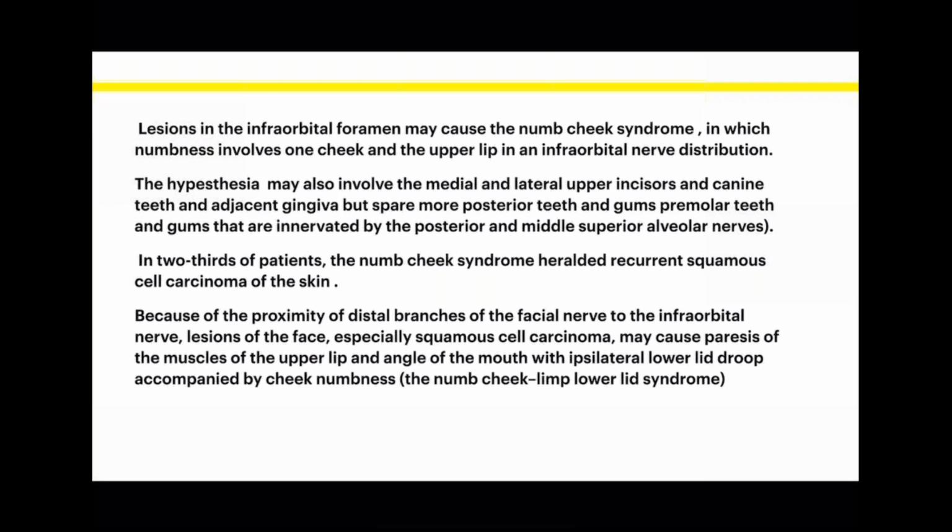They call it the numb cheek limp lower lid syndrome. So if it affects only the fifth nerve, it will cause only sensory loss. If movement is also involved and there is weakness, it affected the seventh.